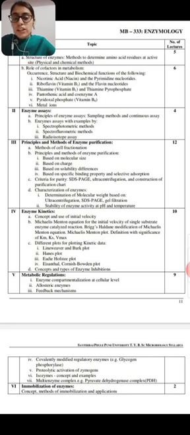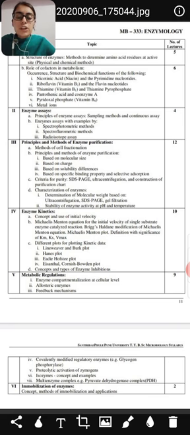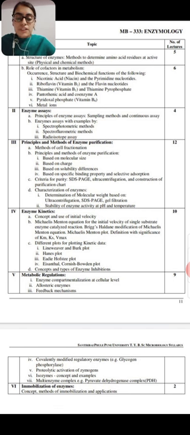As I told, in gel electrophoresis particles are separated on the basis of molecular weight. And the last point is stability of enzyme activity at pH and temperature, means at different pH and different temperature different enzymes are stable. In short, we are going to see the stability of enzyme at different pH and temperature.